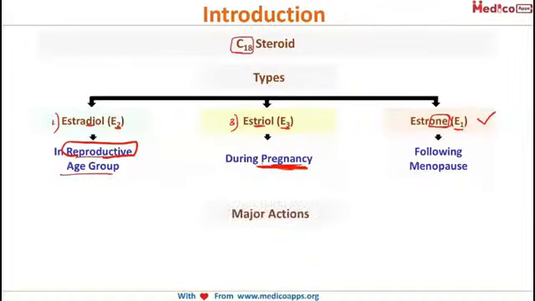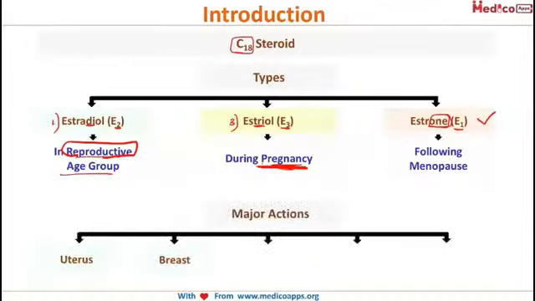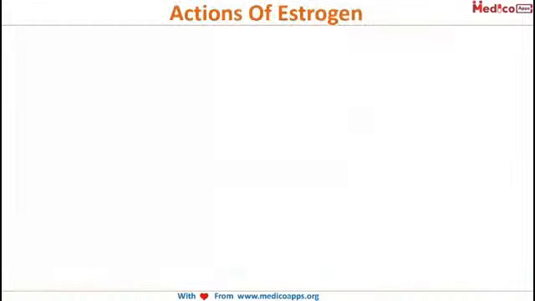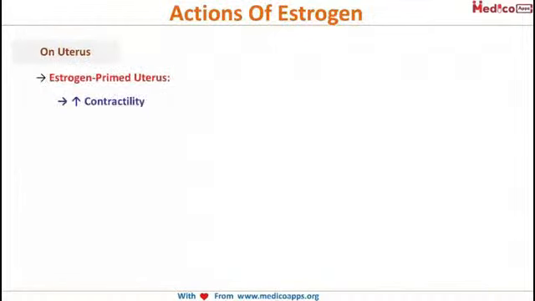And the major actions are seen on the uterus, number 1, followed by the breast, bone, kidney, and also in the development of secondary sexual characters. Okay, now let's learn these actions in detail. On the uterus, estrogen primes the uterus, okay? That is, it increases contractility, excitability and also the number of gap junctions, right?